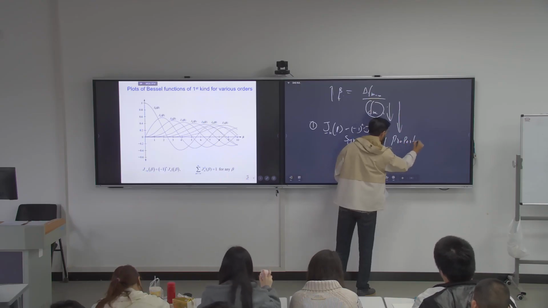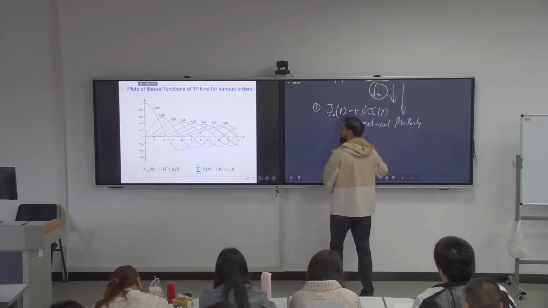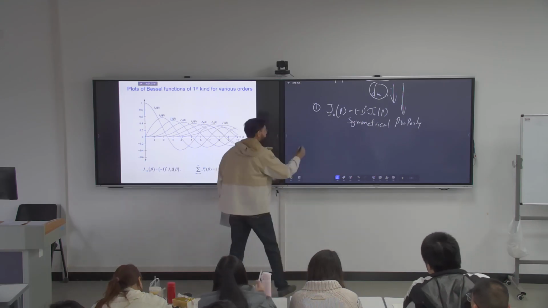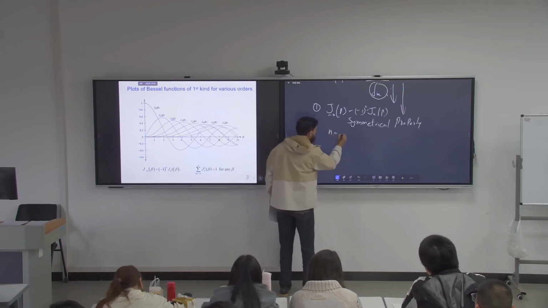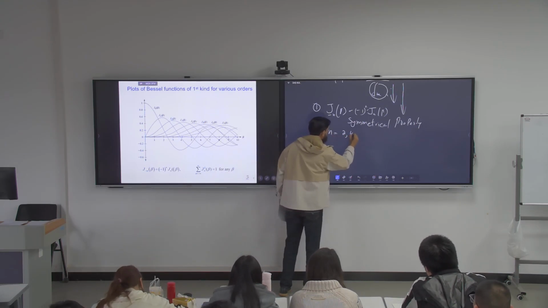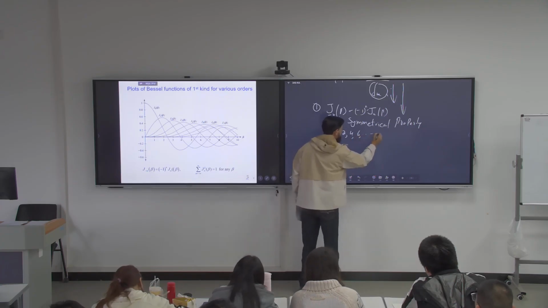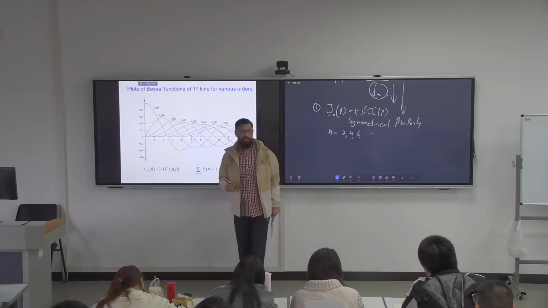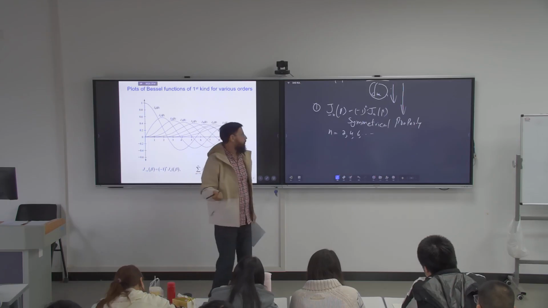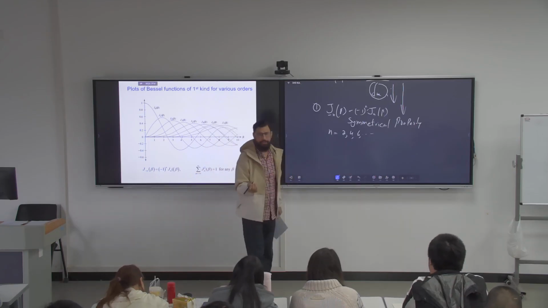Why is it symmetrical? Let's say n is equal to 2, 4, 6, and so on. Put an even number, put n is equal to 2. So what will I get? Why is it symmetrical?